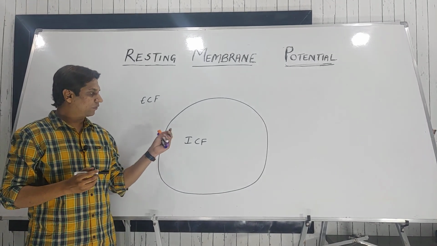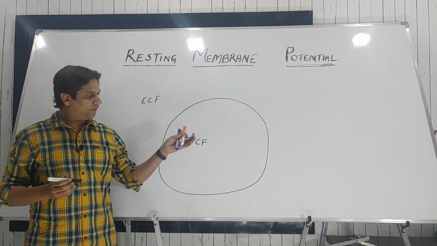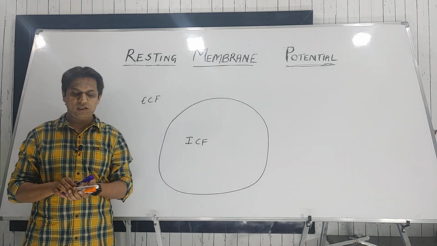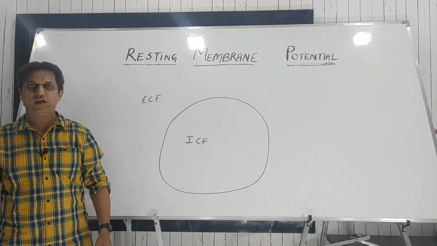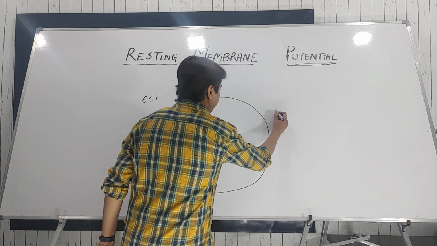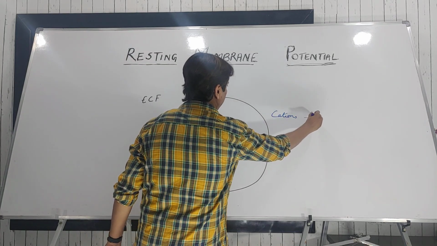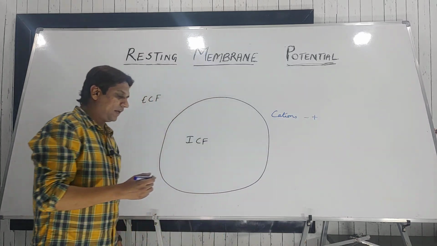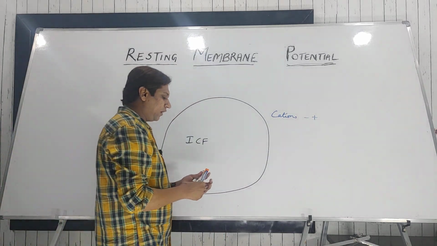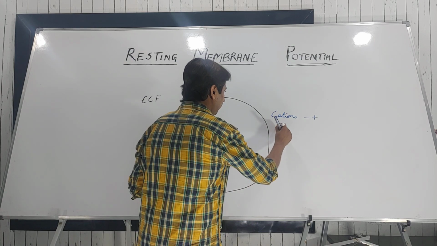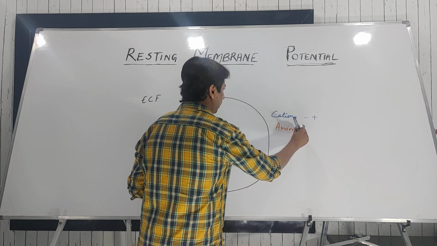Now you know that inside the cell there will be many ions present. The positive ions are known as cations, they will be positively charged, and negative ions are known as anions, they will be negatively charged.